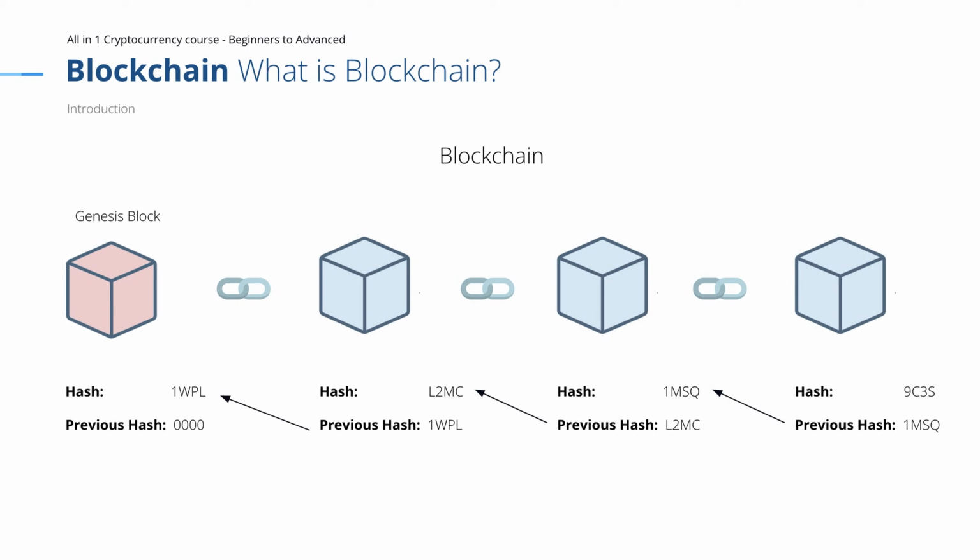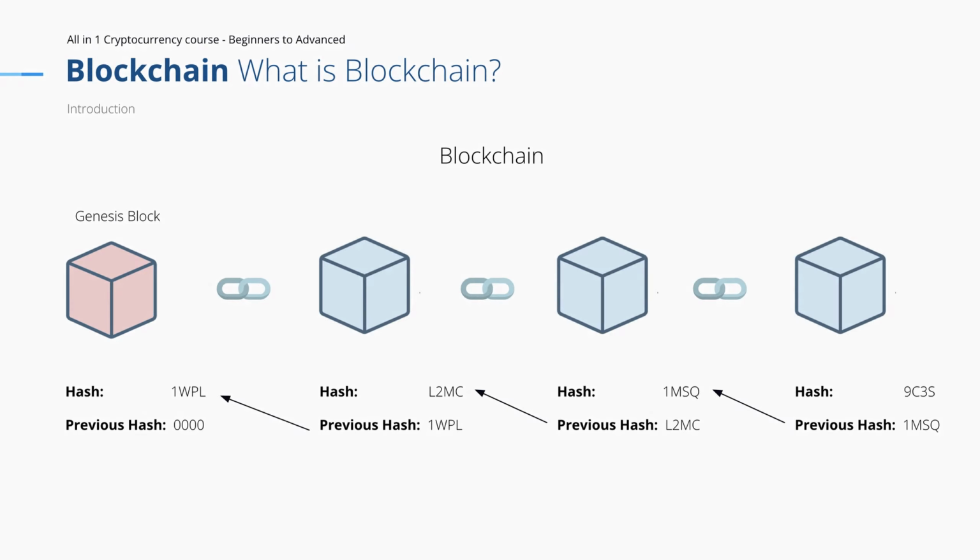If we manipulate anyone's hash, of course the whole chain will be destructed. For example, the second block's hash is L2MC. If we make it L2MD, the next block is already keeping L2MC, so that needs to be changed as well. The interlink between the blocks cannot be destructed.